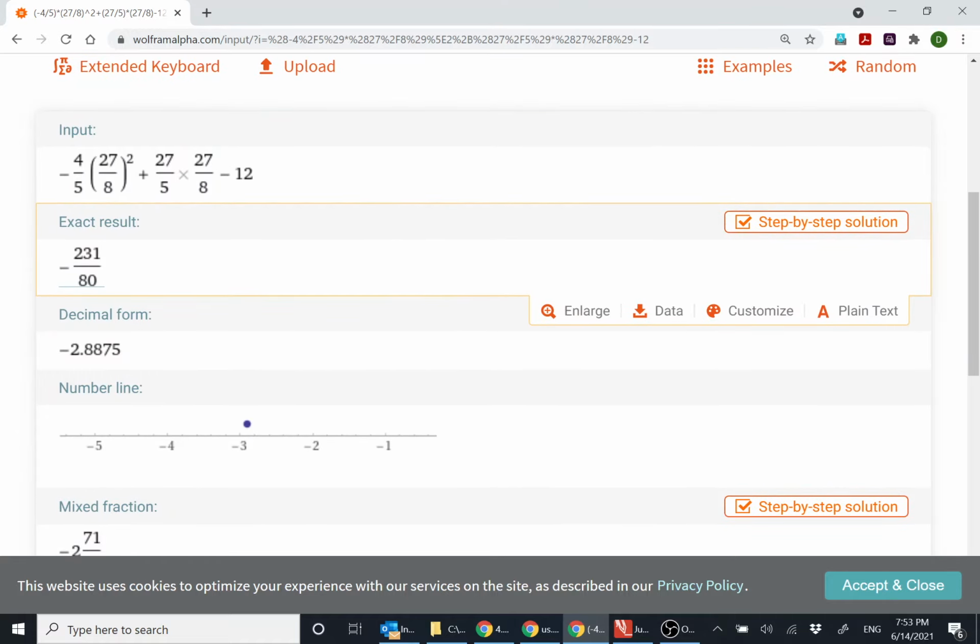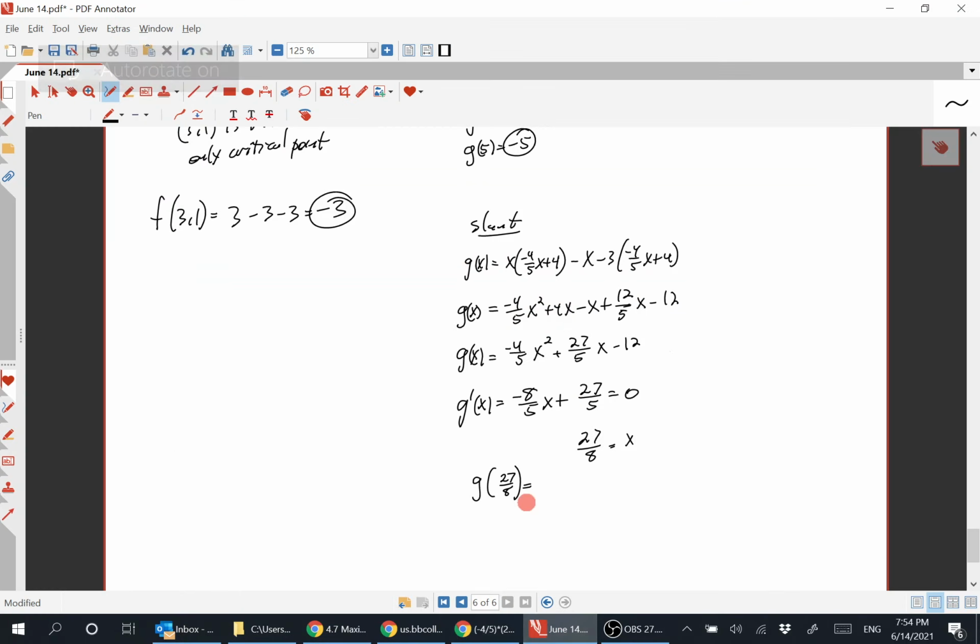So that's minus 2.88. Right, so there we have it.